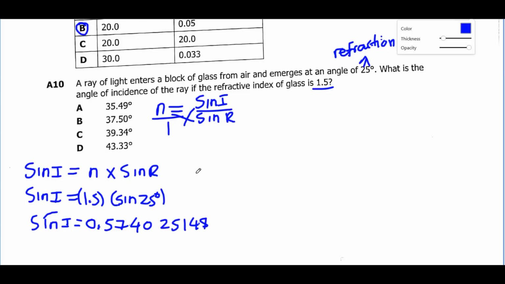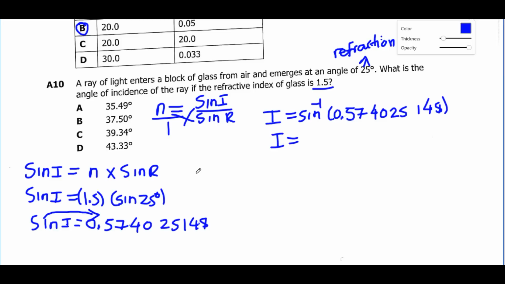So we can shift the sine to the right side. We have I is equal to sine inverse of 0.57402518.